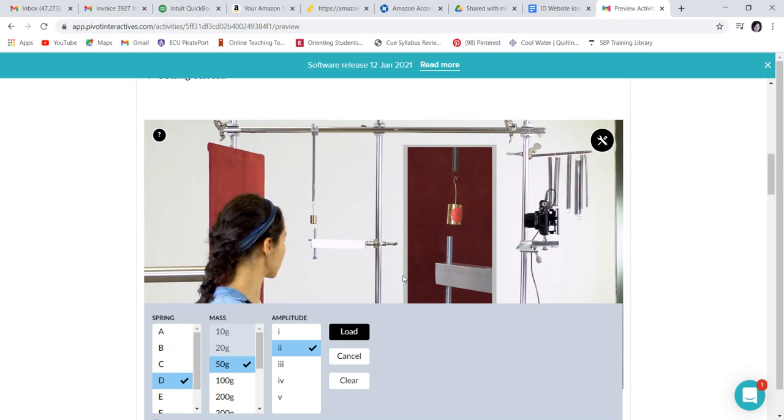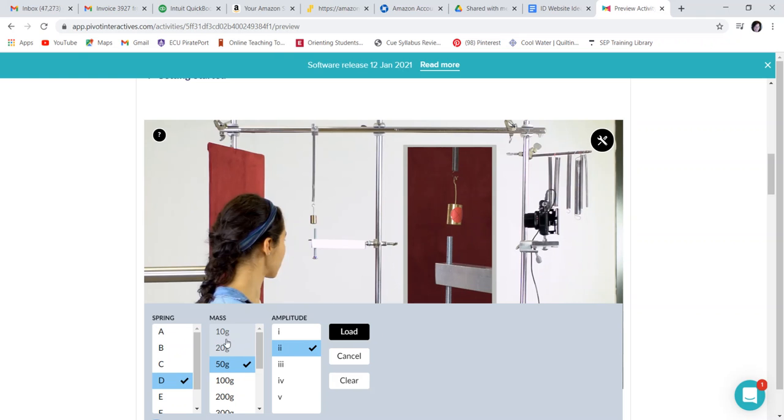So in this lab, you will be choosing the springs, that's your independent variable, and for each spring, you're going to be measuring the period of oscillation. And the period of oscillation is the time for just one complete bob up, down, and back to where it started. So let's give you some pointers.